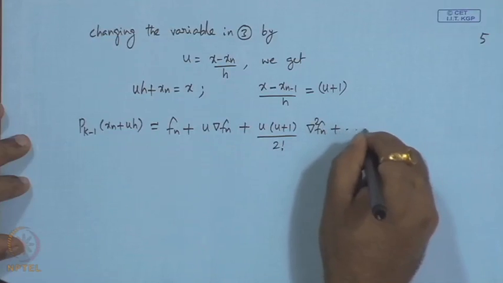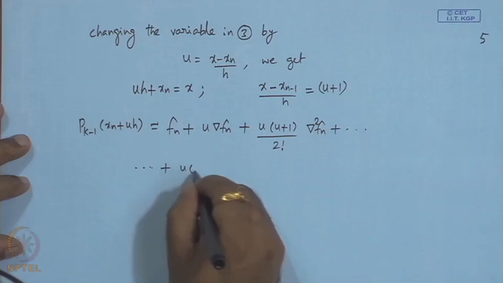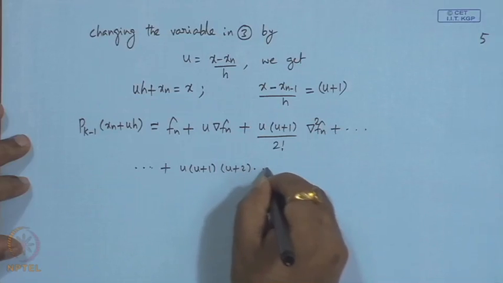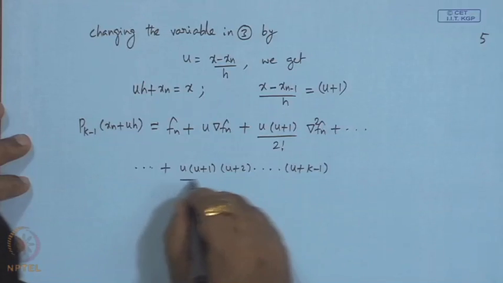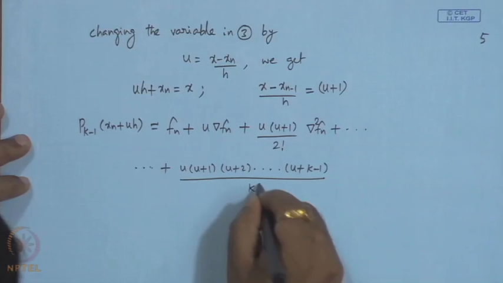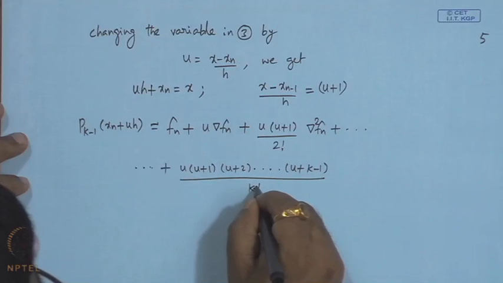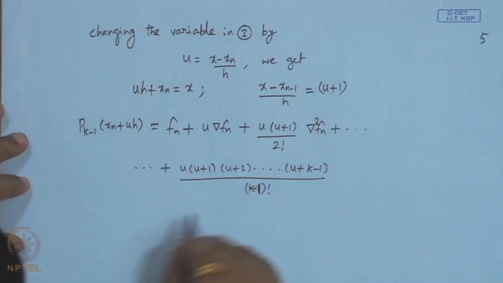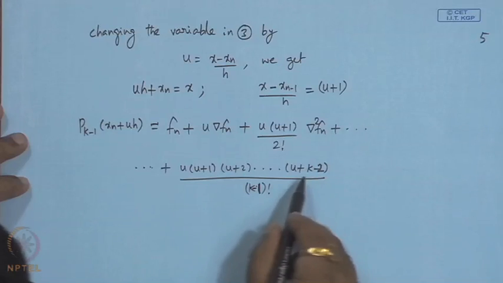Okay. Now, the next term, u plus k minus 1, over k minus 1 factorial, this will be k minus 2, because we need one previous term.